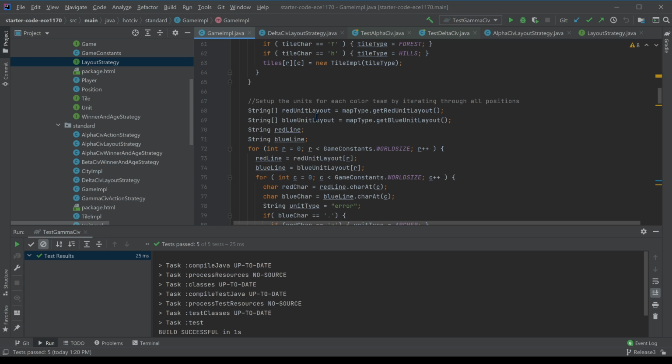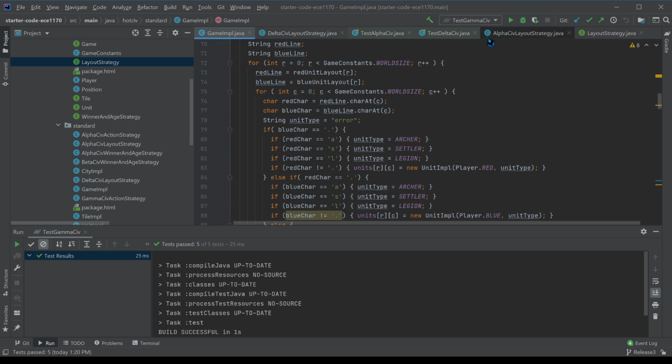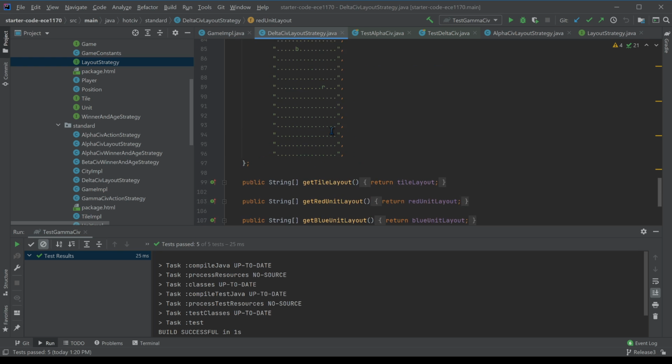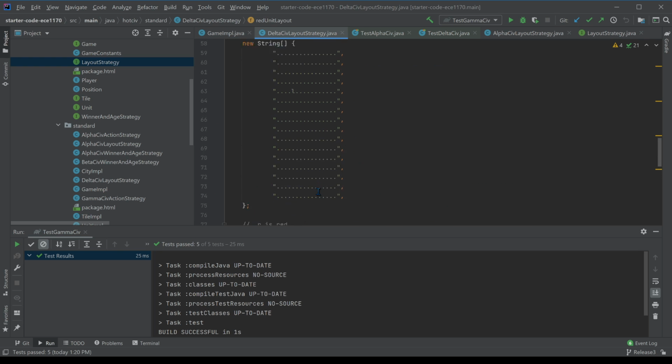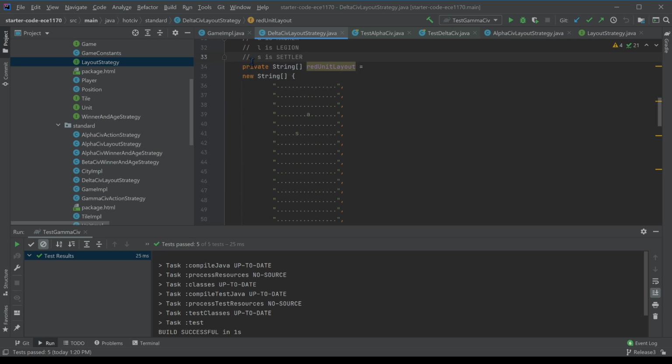And each one of those is iterated through together at the same time because I wanted to make sure that if a red unit and a blue unit were both defined at the same space across these two strings, it wouldn't know which unit to place then.